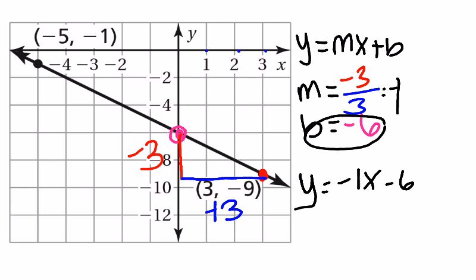Not really, because if we know that -1 times x is just a negative x. So I'm going to go ahead and erase this one. There we go. So our answer is going to be y equals -x minus 6.